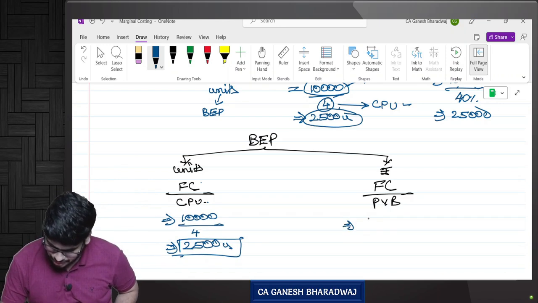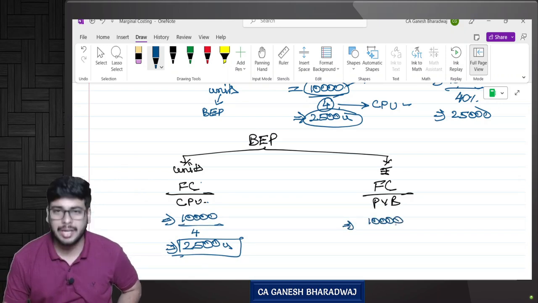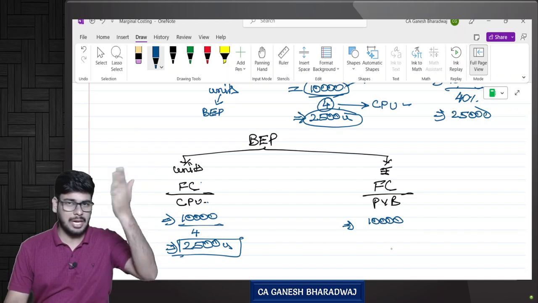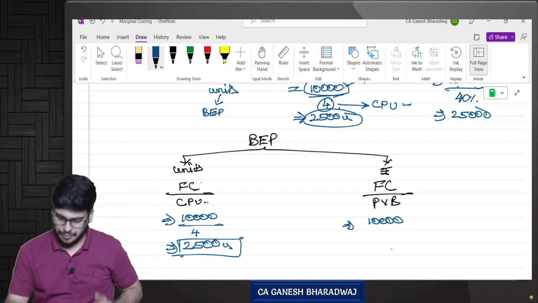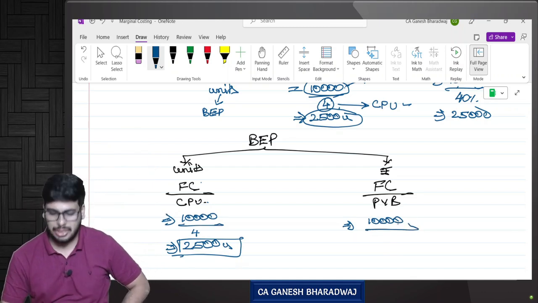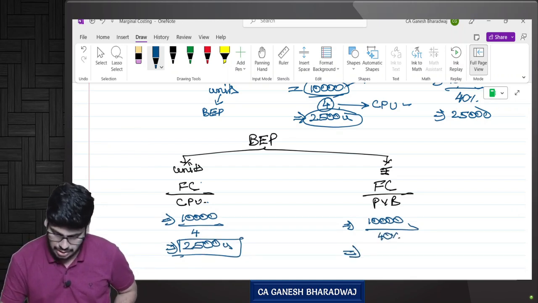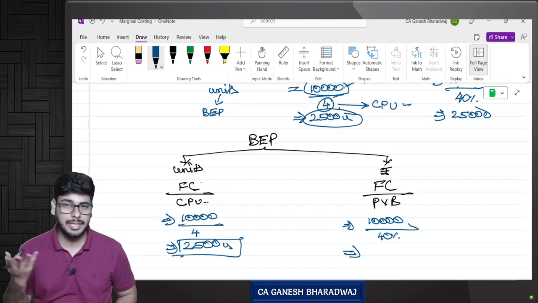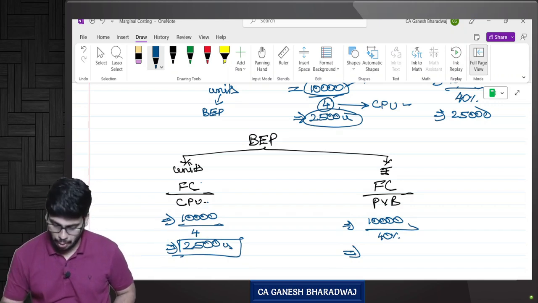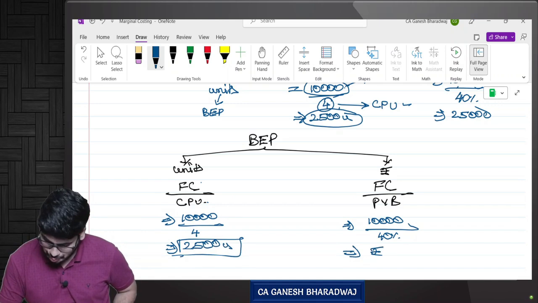Very simple. You say 10,000 rupees is the required contribution. At the break-even point level, the required contribution is equal to fixed cost. So directly I will say fixed cost of 10,000 divided by PV ratio of 40%. So 10,000 divided by 0.4. 40% is nothing but 40 upon 100, which is 0.4. Correct. So how much is this? Rupees 25,000. Are you clear with this?